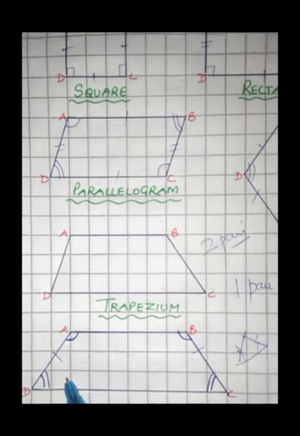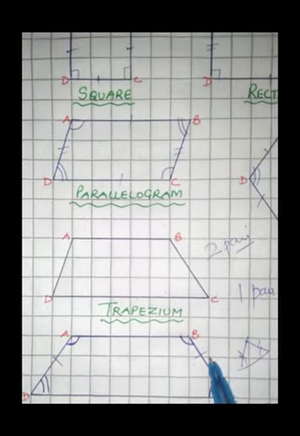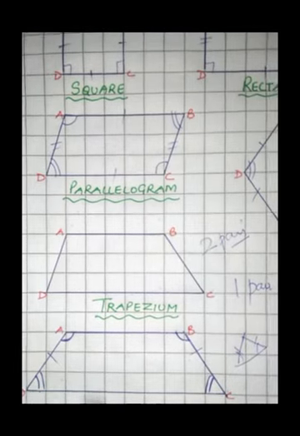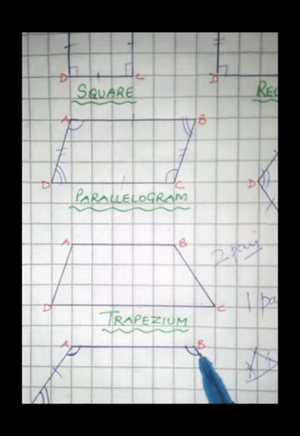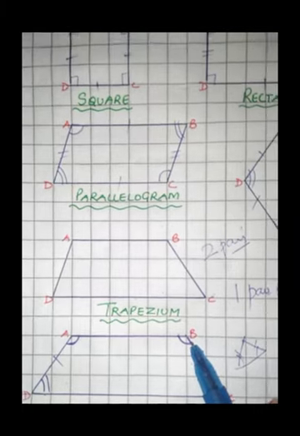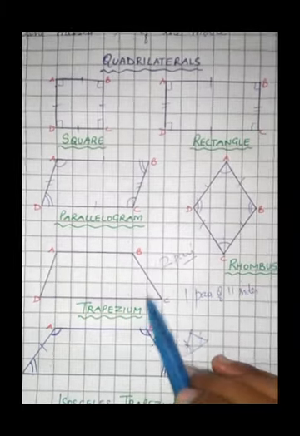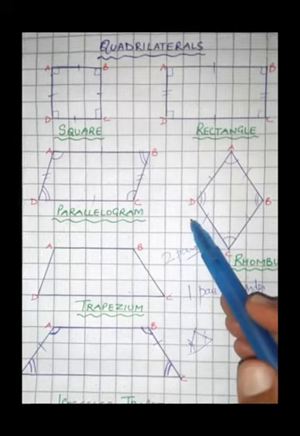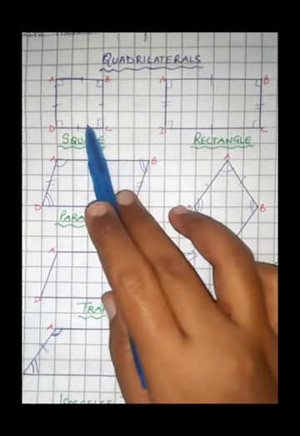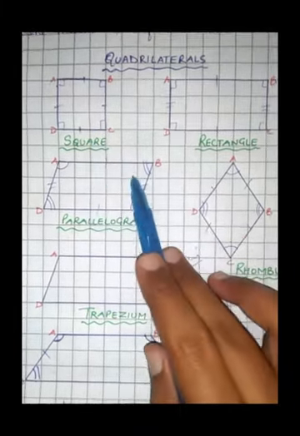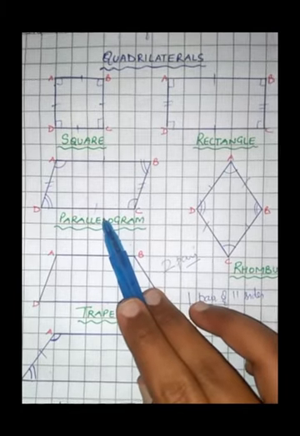So in an isosceles trapezium also, if these two sides are equal, their base angles will be equal, and A will be equal to B. Okay, so this was about the five kinds of quadrilaterals. Just go through them, about their sides and about their angles.